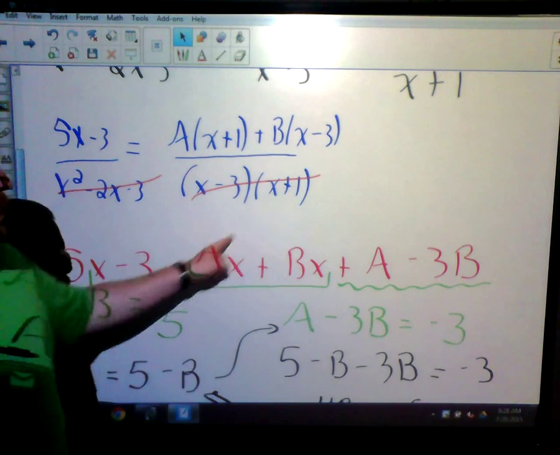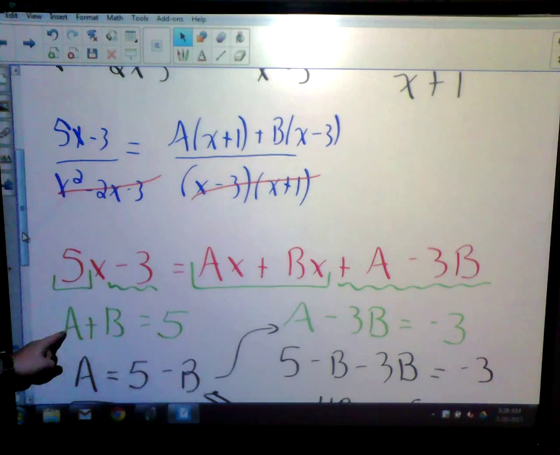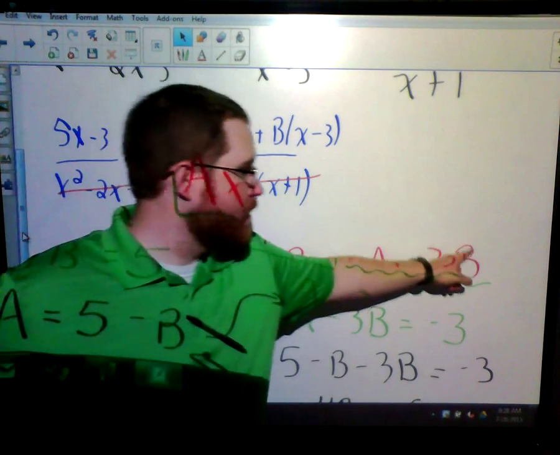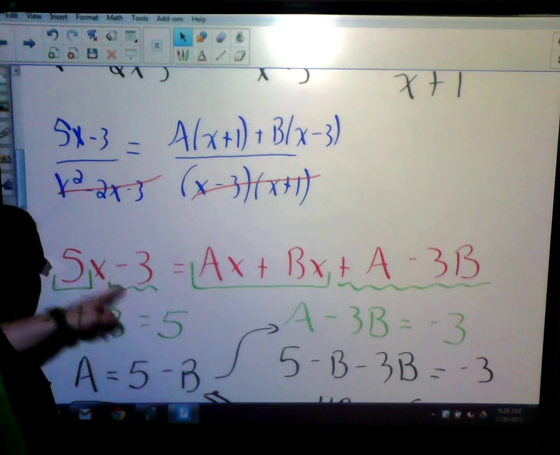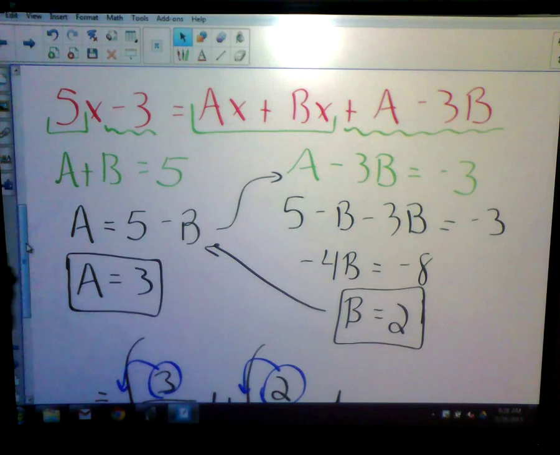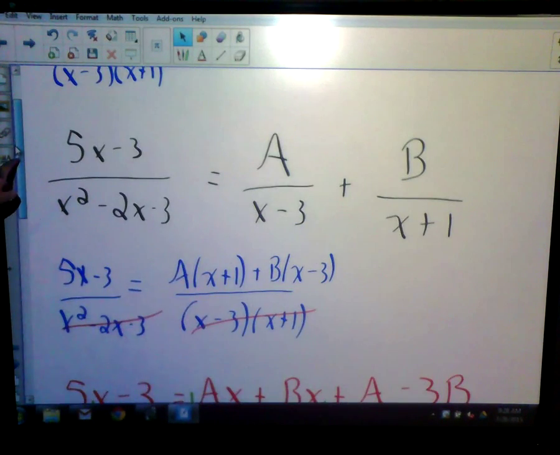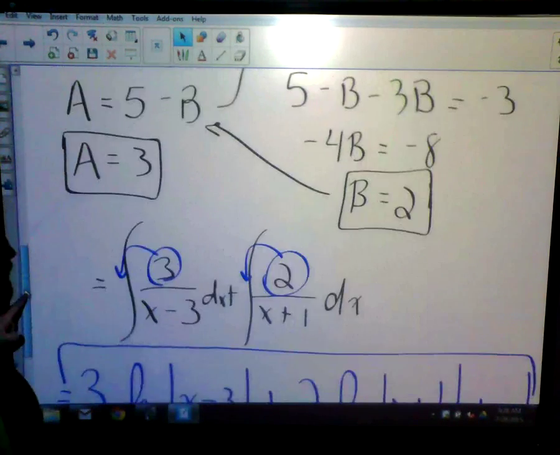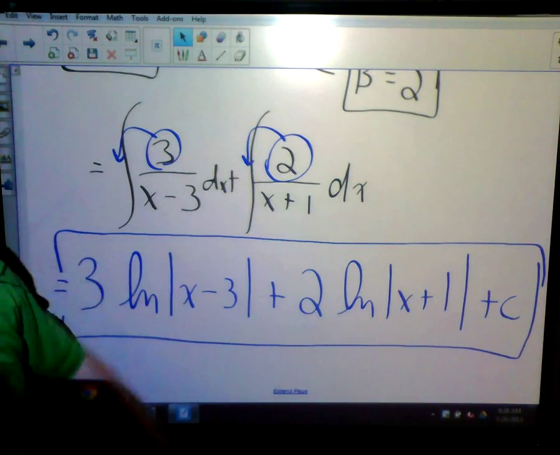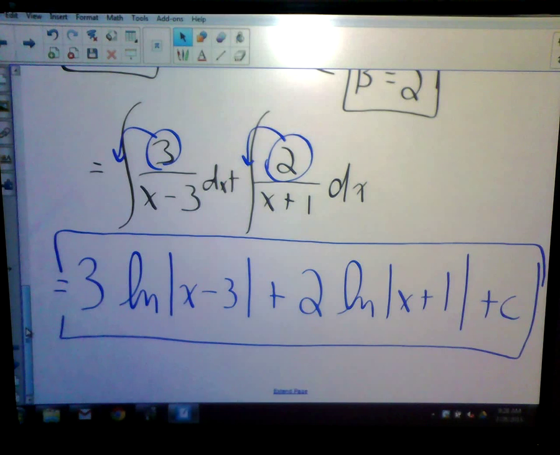I took the coefficients with x and set it equal to the coefficient with x. I took the regular numbers and set them equal to the regular number. They gave me two equations and two variables. I solved for my two variables, and I plugged them back into the two fractions that I needed. Once I had the two fractions, I integrated each one, and that's partial fractions.